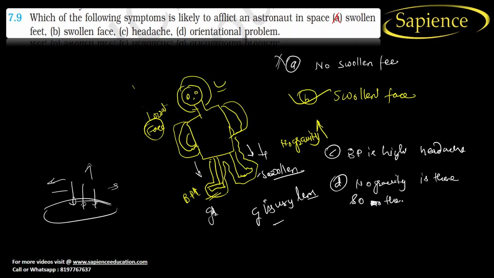So there will be an orientation problem. I hope you have understood this. So this will happen, this will happen, this will happen, but this won't happen. So A is the incorrect one, B, C and D are the correct ones. So I hope you have understood this.